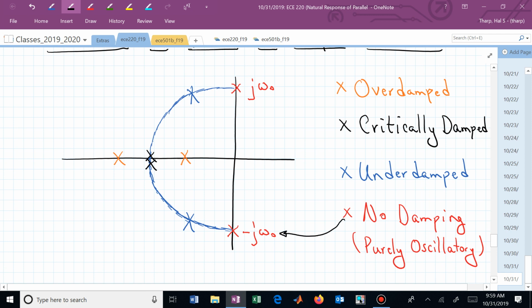Underdamped is the blue. That underdamped means that we have complex conjugate roots. So the underdamped is here in the lower half plane, and its twin in the upper half plane. The critically damped are the two real equal poles, and those are on top of each other. Can you see that?